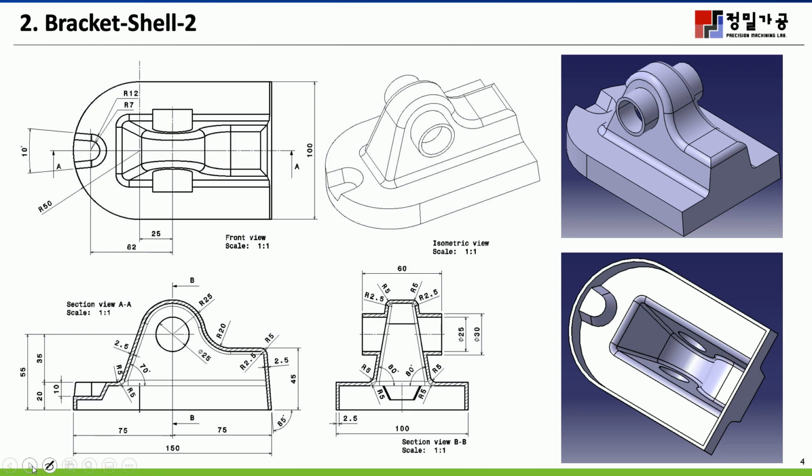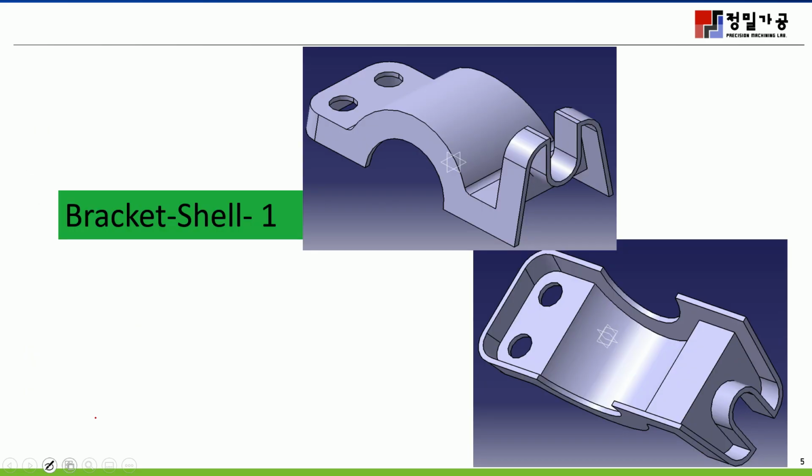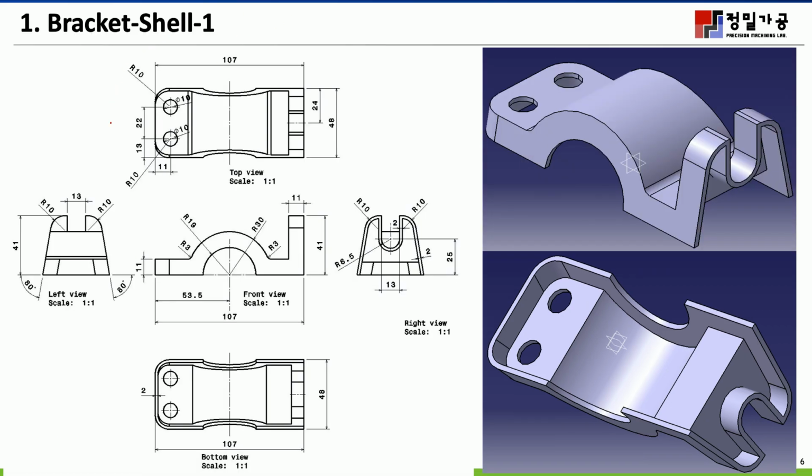So we will start from the easy one first, bracket shell 1. I repeat again, you can remember the dimension. It has a length of 107 and a width of 48.